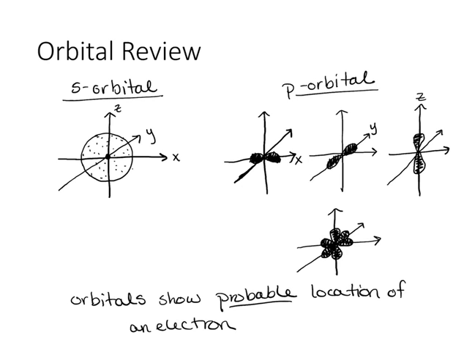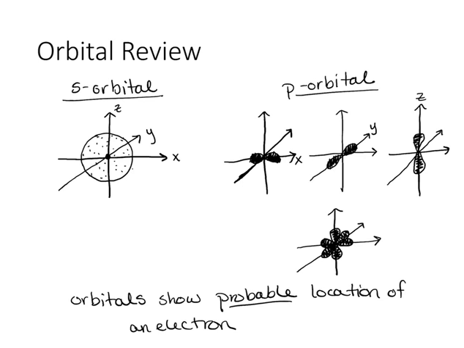Again, those p orbitals all have the same energy. So an electron, let's say we just have one electron in a p orbital, it has equal probability of existing in the px orbital, the py orbital, or the pz orbital. So we don't really know which one it's necessarily in at any given time.